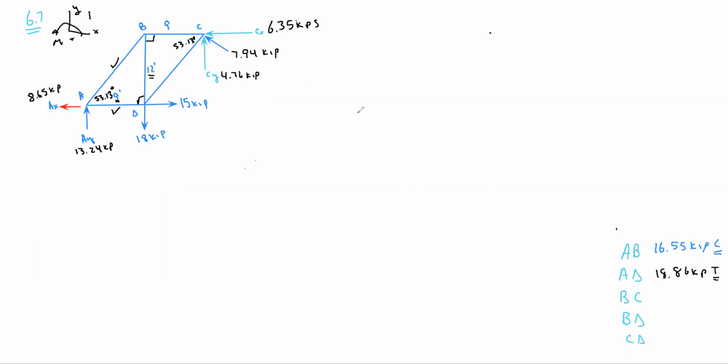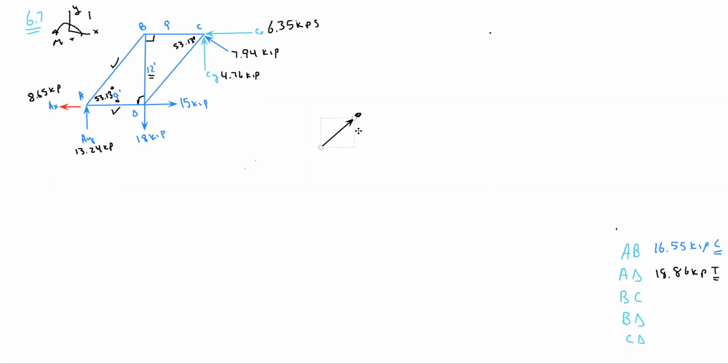We'll start with the free body diagram. AB is in compression, so it is going into the point.